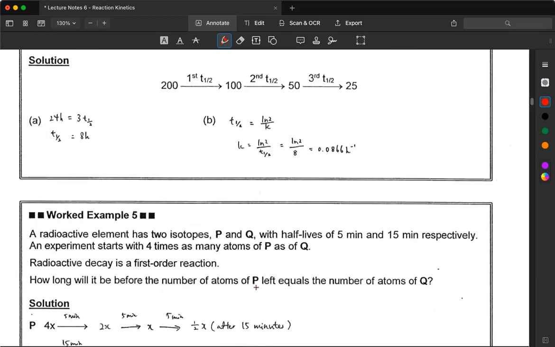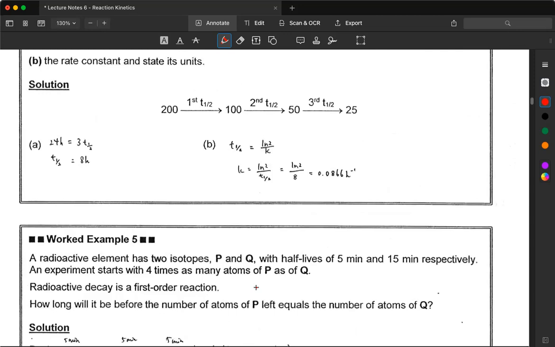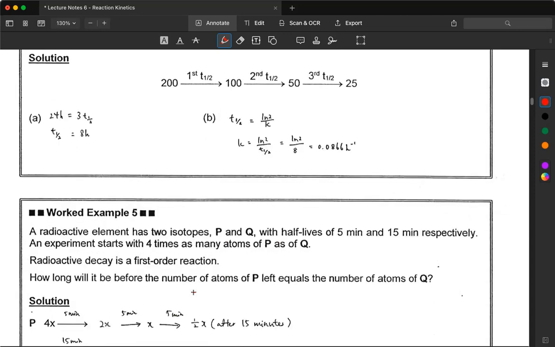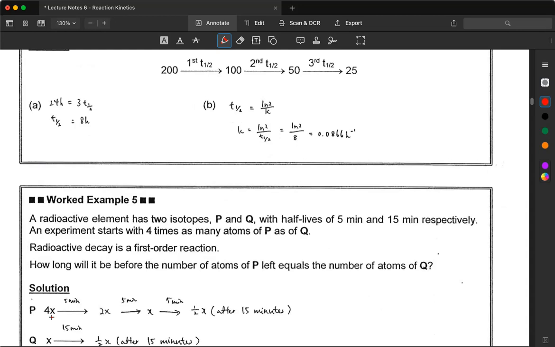Okay, another example is you have 2 isotopes with half-lives of 5 minutes and 15 minutes. The experiment starts with 4 times as many atoms of P as Q. So this is a first order reaction. How long will it take before the number of atoms of P left equals the number of atoms of Q? Since they already mentioned P is 4 times Q, you start with 4x.